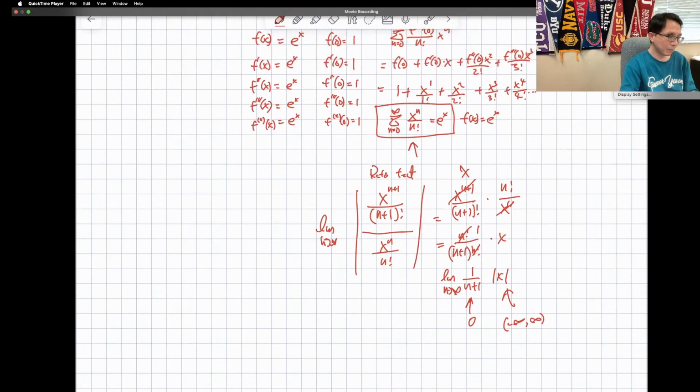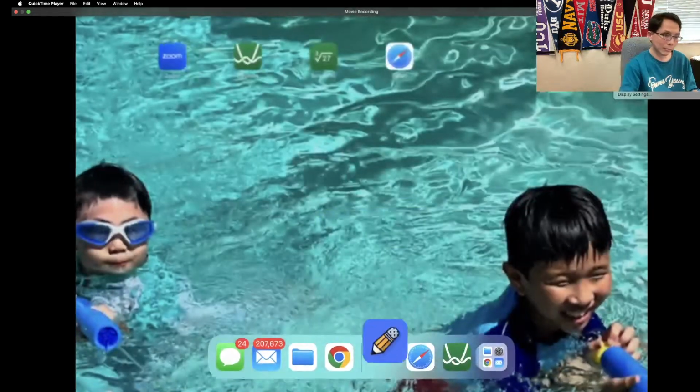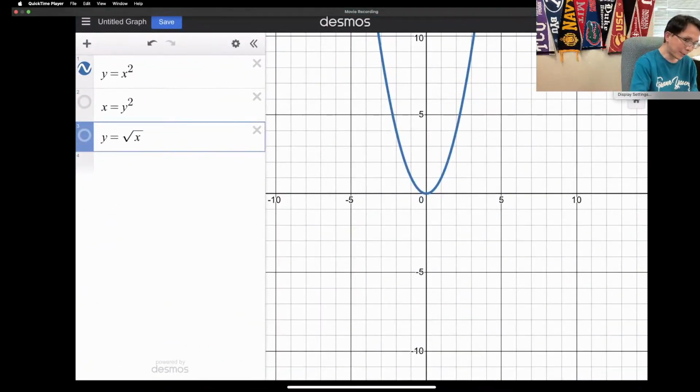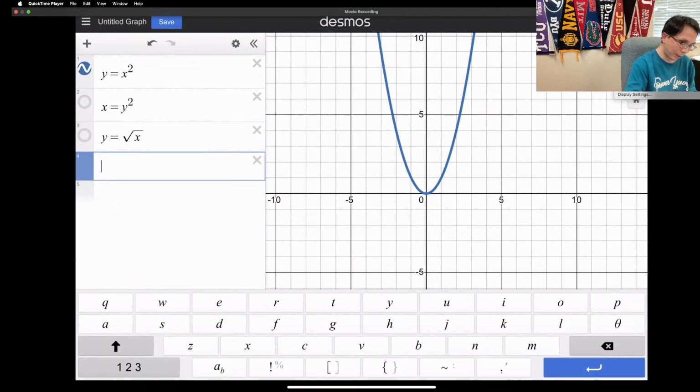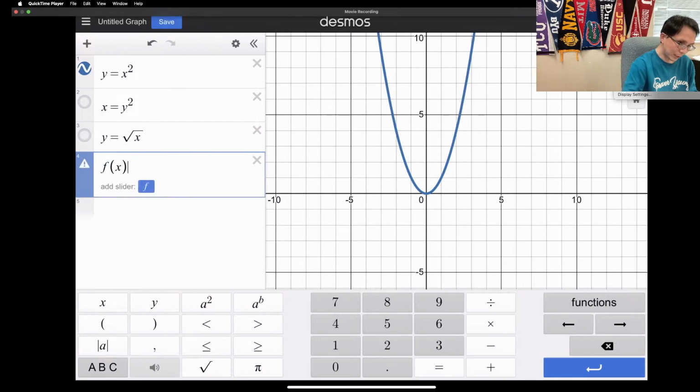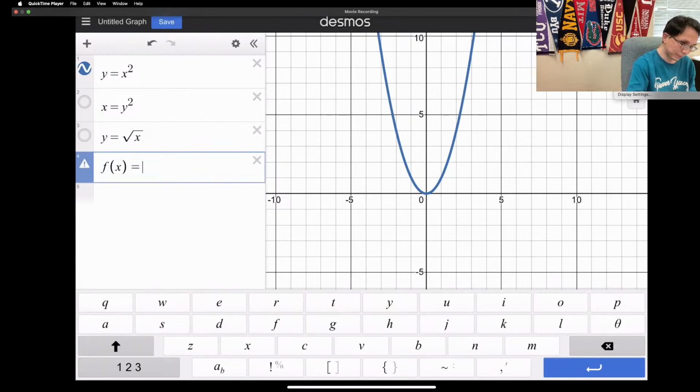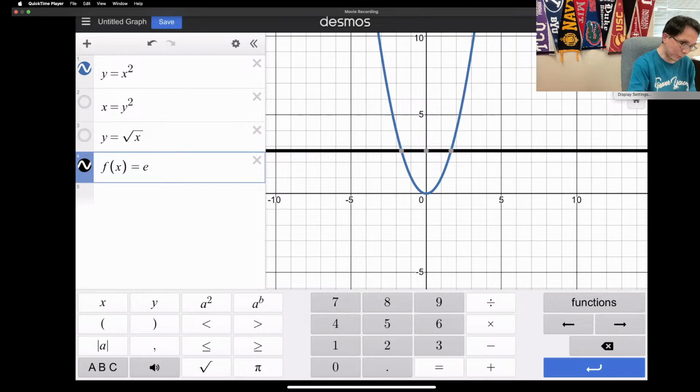And you say, Mr. Ye, I don't believe you. I understand. I agree with you. You should not believe me until you see it. So if I type in e to the x, so f of x is equal to e to the x, this is the function that we're trying to imitate.